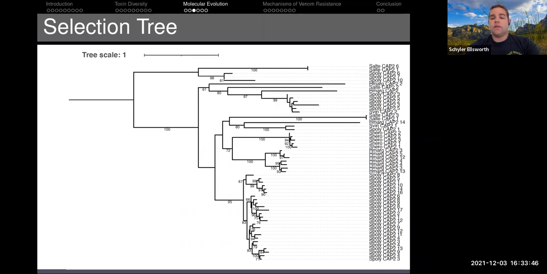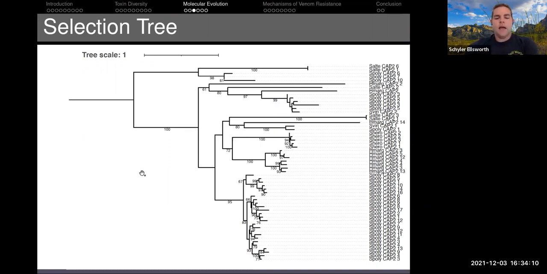Positive selection is often thought of as how proteins in venoms have evolved, where they have an increase in copy number within the genome, and then we see these changes that help to diversify these different proteins. And so I wanted to see if there were any of these positive selection events occurring on this gene tree.